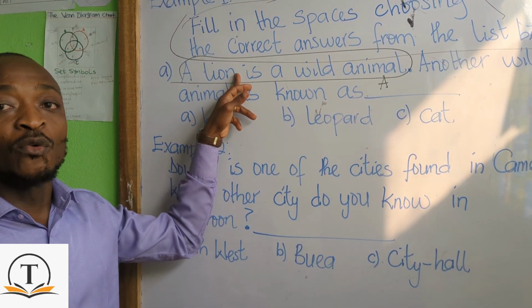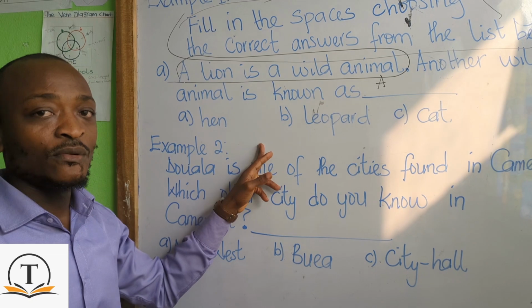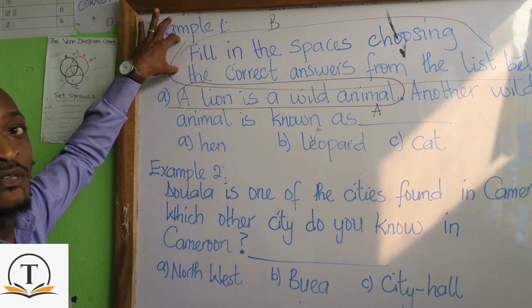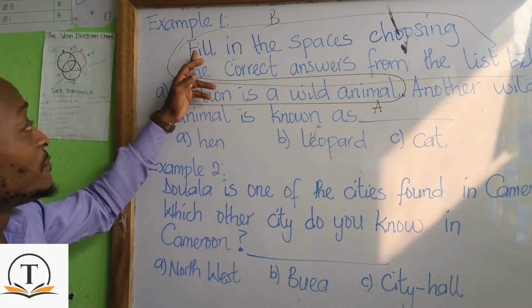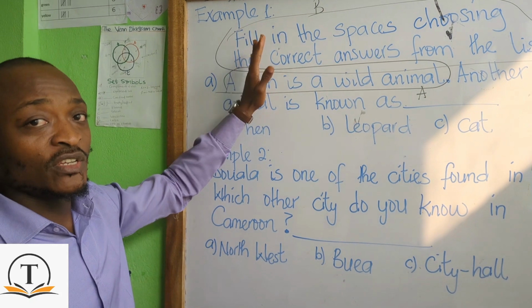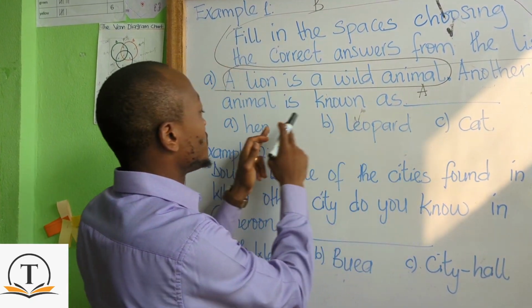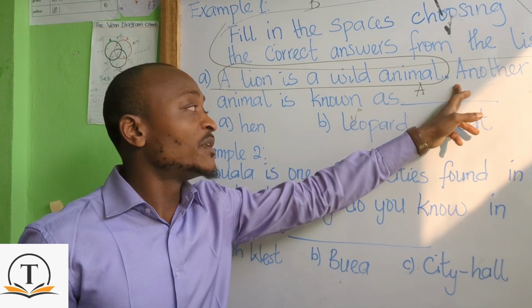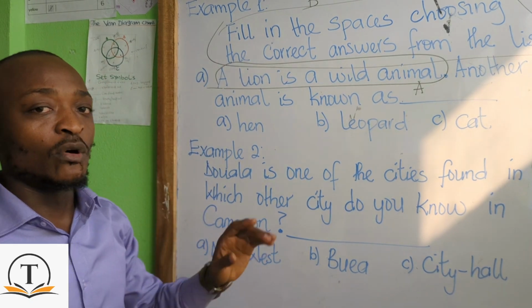This first sentence already guides the learner to find the answer to the question. And here we have the instruction. The instruction here is interwoven with the task, because based on this instruction, the learner knows right away that he or she is supposed to pick out the correct answer and fill in the spaces that have been provided. So that is example number 1.